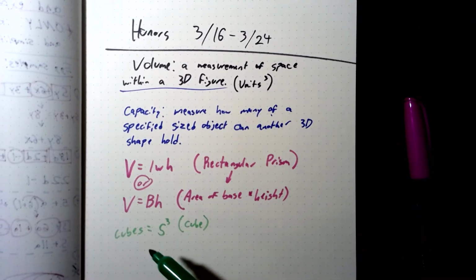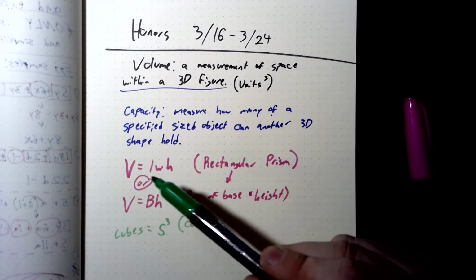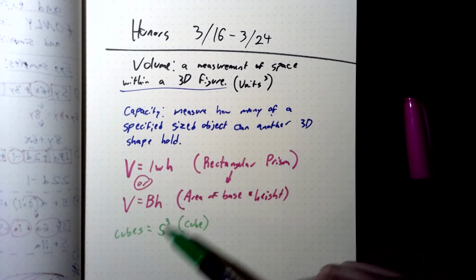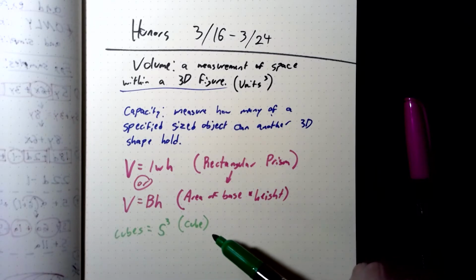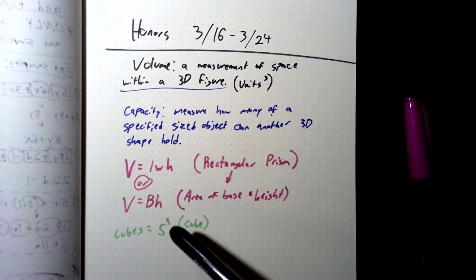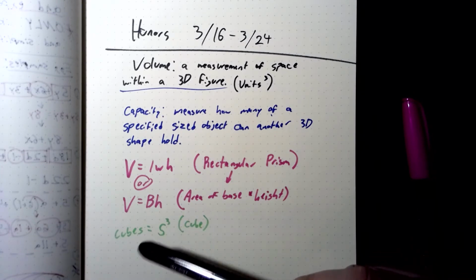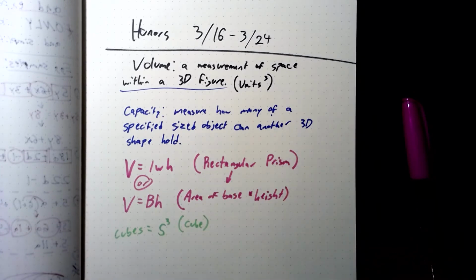The reason cube is simplified is since we can assume that the length, width, and height are all the same, rather than writing out length, width, and height, we're simply going to write s cubed, and we will cube whatever side length that is. So if the cube, for example, has a length, width, and height of, let's say, 6 units, we would simply do 6 to the 3rd power. We wouldn't write out 6 times 6 times 6. It just saves time, saves energy.